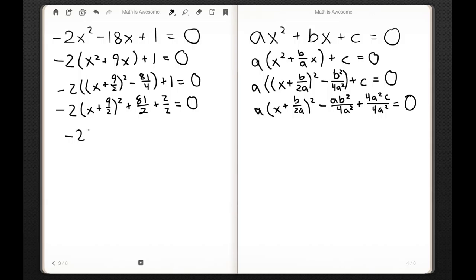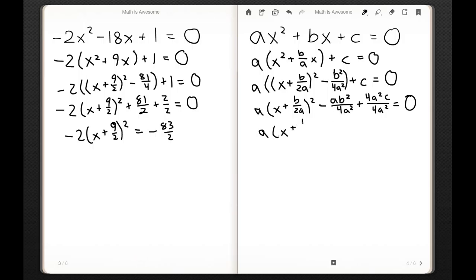Now, we isolate the negative 2 times x plus 9 over 2 squared. And bring all this to the other side, we'll get negative 83 over 2. Same thing over here. Bring all this stuff to the other side.